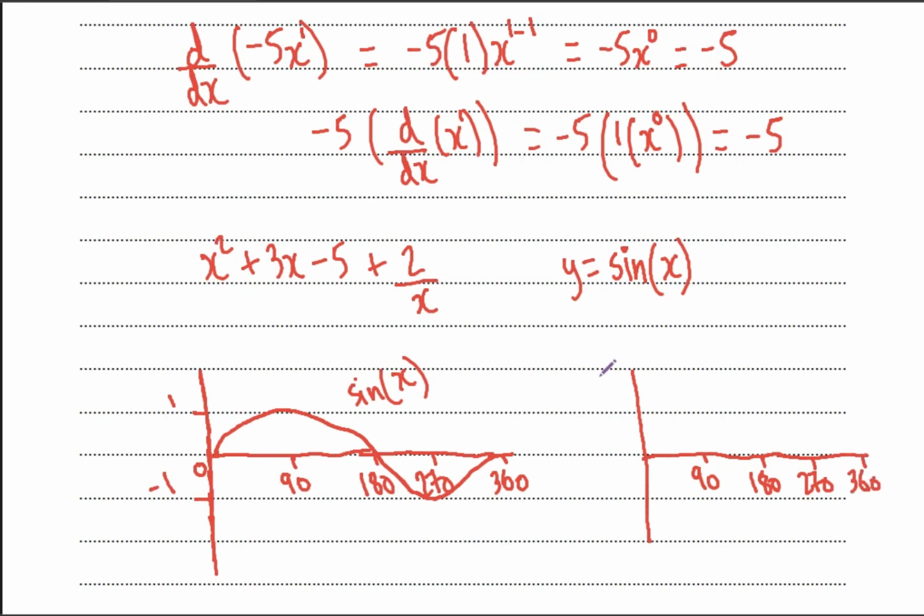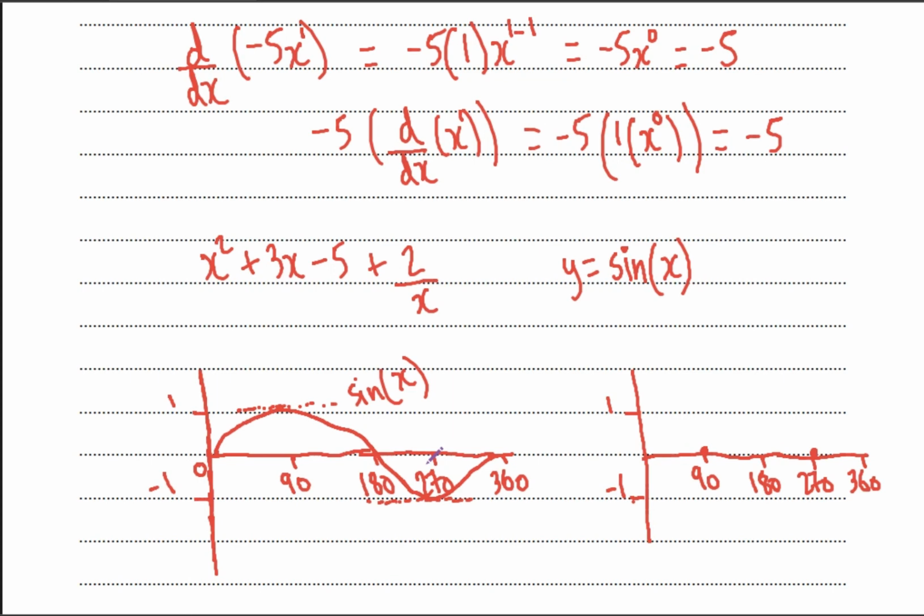Okay, let's do 1, and let's do minus 1. Now, I want you to look at the derivative of sine at 90. If you draw a tangent to sine at 90 degrees, you'll see it's a horizontal line. That means the derivative is 0. So let's put the point 90 and 0 over here. And I want you to draw the tangent to the line at 270, and again, of course, the derivative is 0. So put another point at 270 and 0.